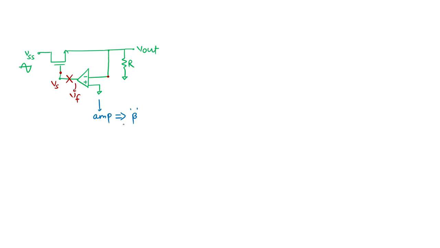So the resultant diagram has this as the input. Now this will be ground, because here I am applying the source voltage, some excitation, and I want to observe the feedback voltage. So it is ground. This is my V out, and here we have some resistor R.